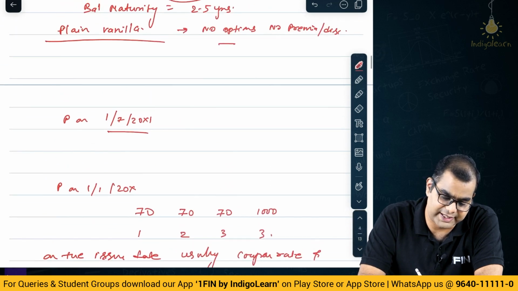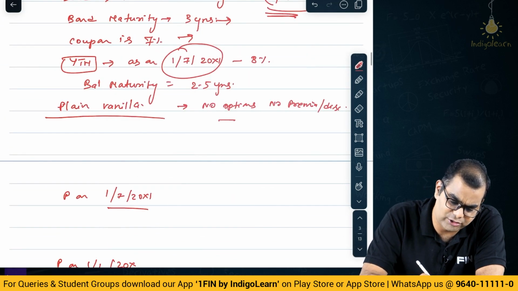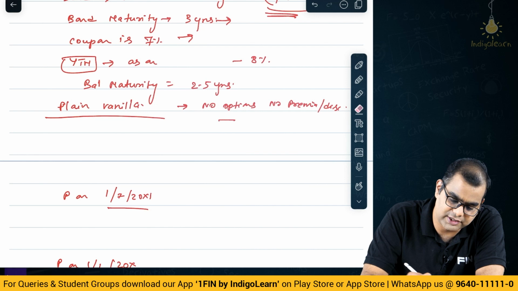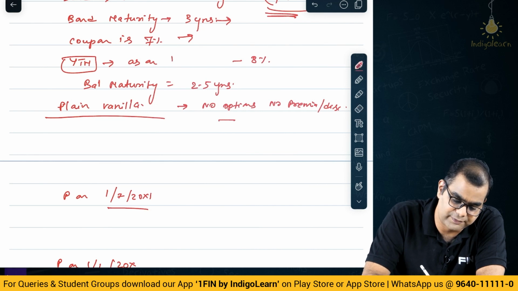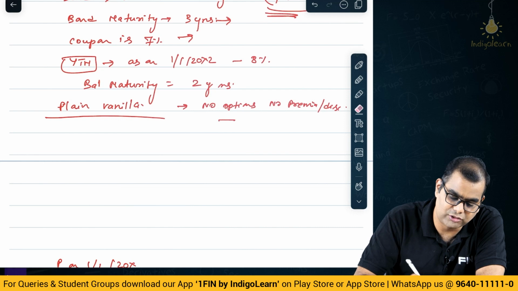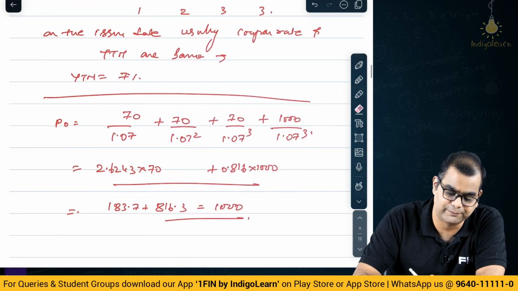Now, coming back to our second case, and here I would like to make a small change. Instead of pricing the bond on 1/7, I will slightly change it to pricing the bond at the end of first year, 1/1/20x2. So, balance maturity is 2 years, and we are supposed to find out now the price after 1 year.